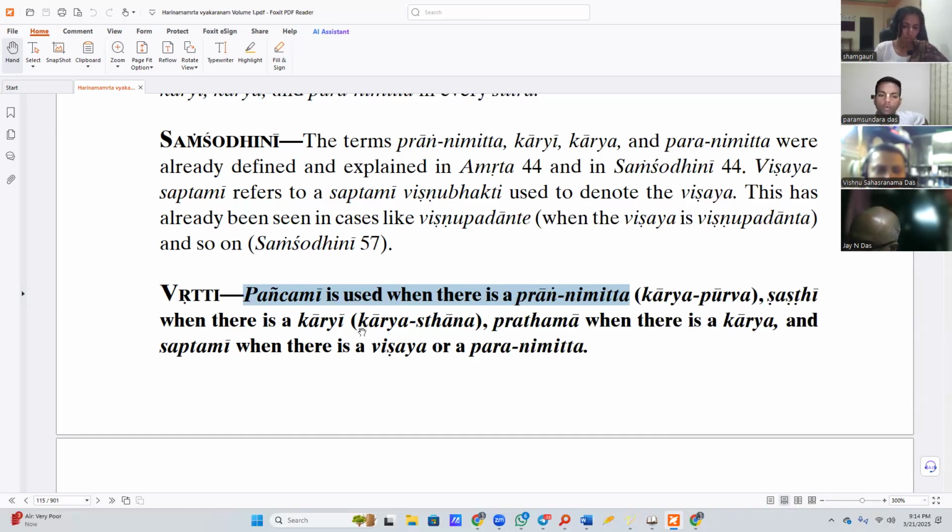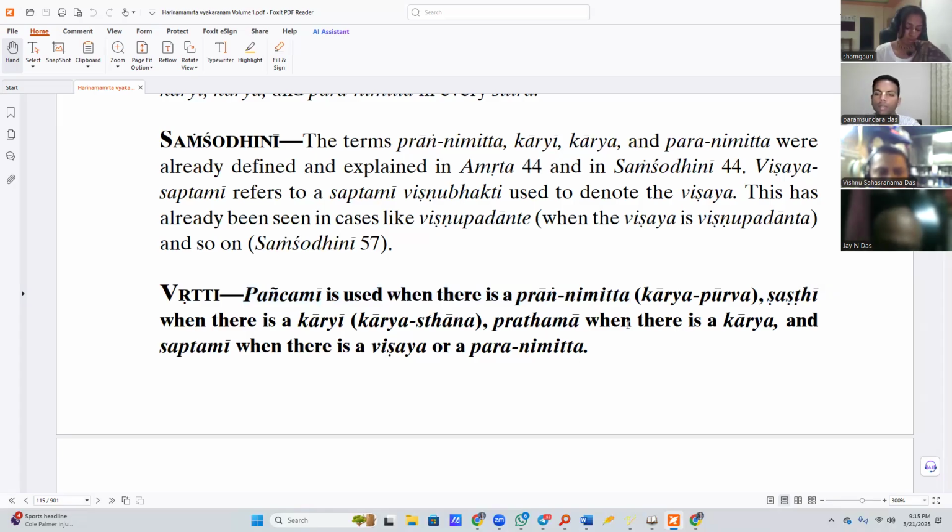Then for a Karyasthan, to indicate the place of operation, Shashti is used. Like Dashavatarat Amshasoh: Amshasoh is 6.2. So Karyasthan takes Shashti.